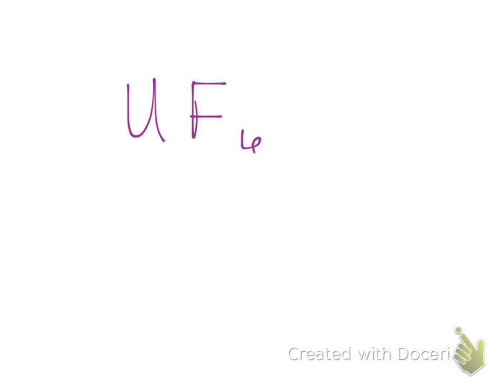Uranium 6 fluoride. Good. Where's uranium? Oh, yeah, 92. There we go. Uranium 6 fluoride. So is it ionic or covalent? Ionic. Uranium has a plus charge, and it's a metal. So it's ionic. All right, good.